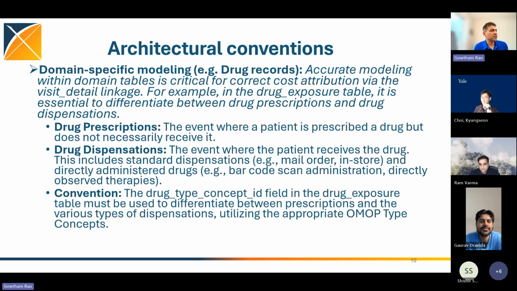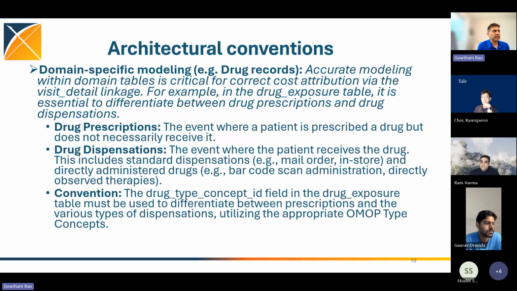So, cost domain specific modeling. Let's talk about drug records. Drug is an interesting domain because you can make the argument that clinically, just picking up a drug from a pharmacy is not a visit. Not actually seeing a doctor, or receiving a mail order drug, is not a visit. That's true, and the OMOP CDM's visit idea is based on the patient's perspective.